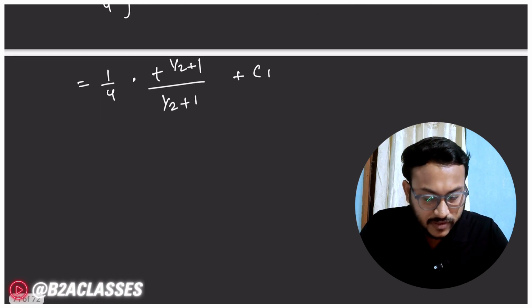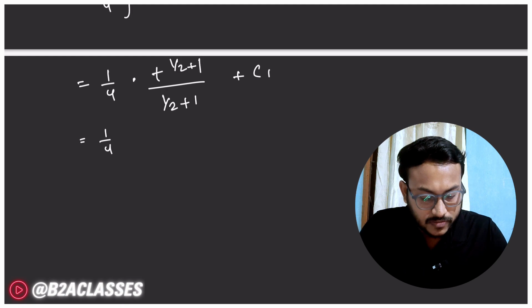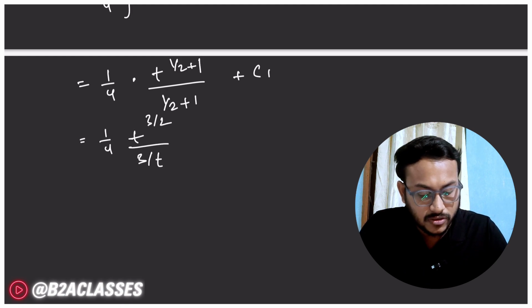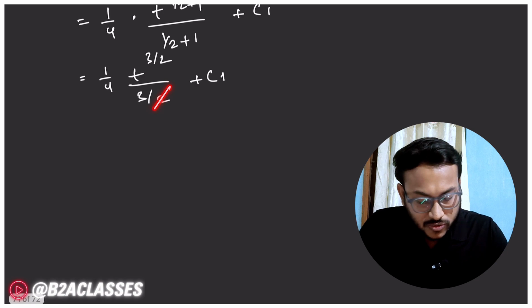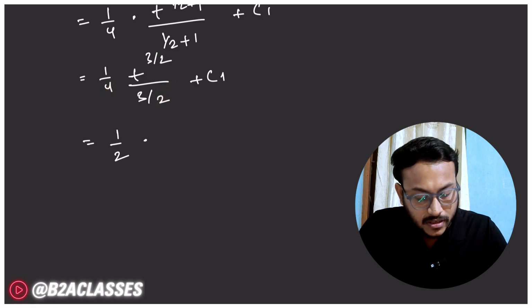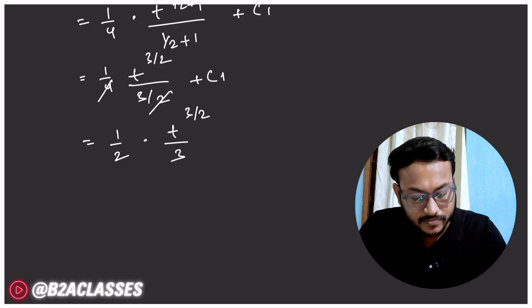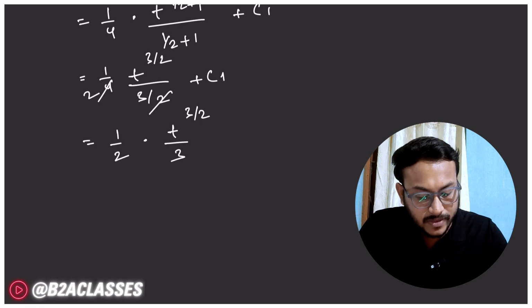Now 1 by 2 plus 1 will be 3 by 2. So t power 3 by 2 divided by 3 by 2 plus c1. Now this will cancel out. So 2 and 4 will cancel out and the remaining will be 2 into t power 3 by 2 divided by 3. Now 3 into 2 will be 6.